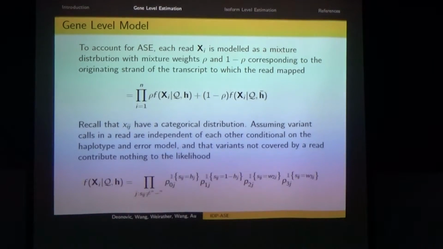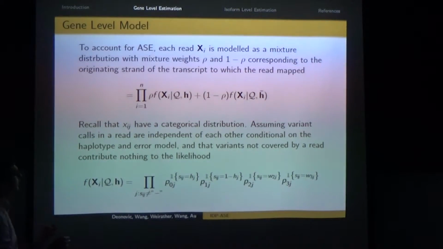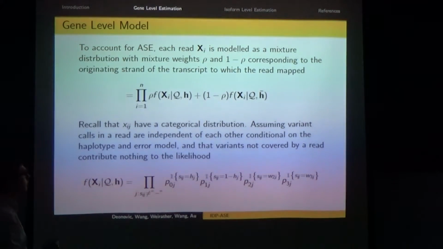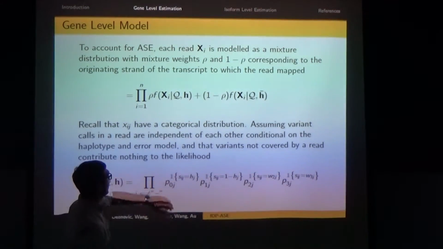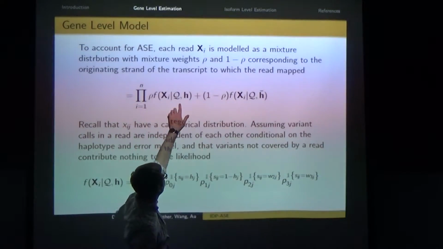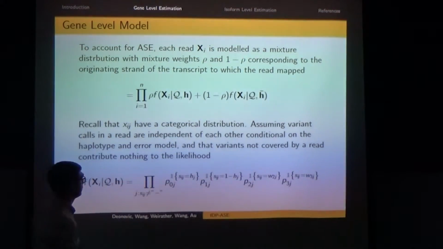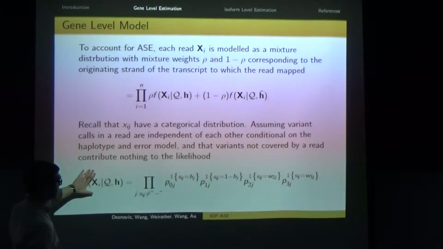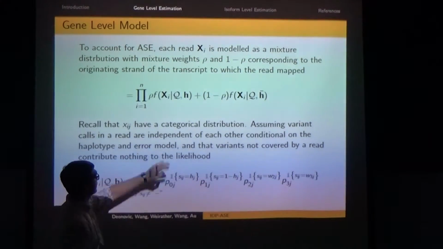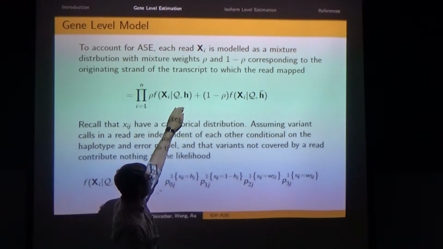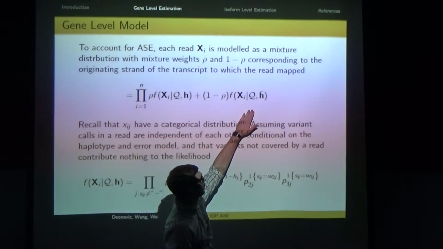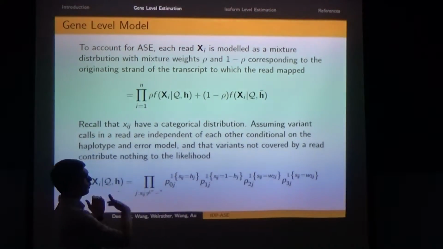And to account for ASE, we model each read as a mixture distribution where the mixture weights are rho and 1 minus rho, corresponding to the haplotype. So here this F is simply the categorical distribution given right here at the bottom. And it's a mixture of using the haplotype H and using the corresponding haplotype H bar, which is simply 1 minus H.